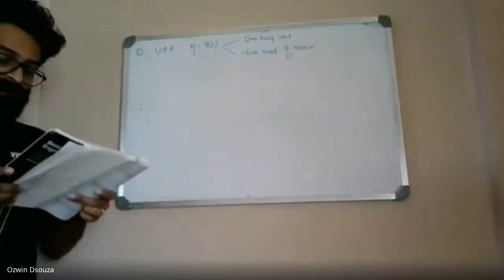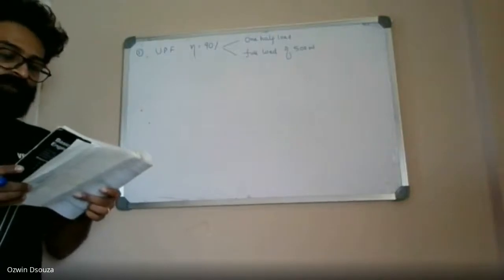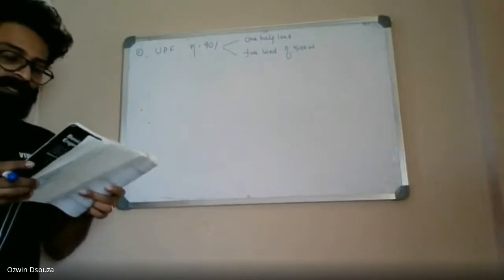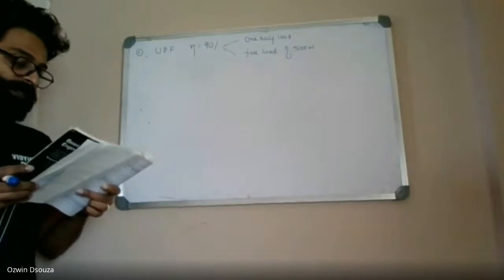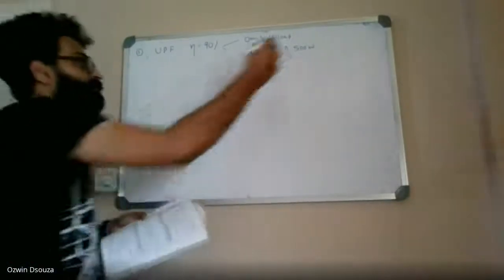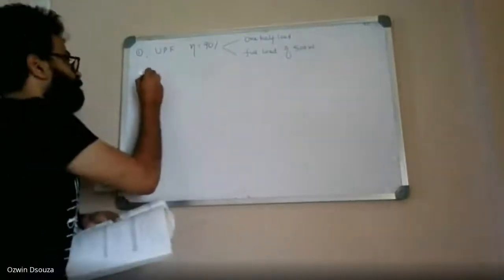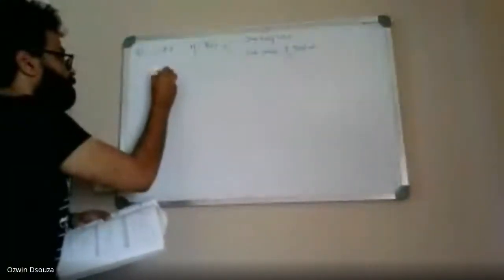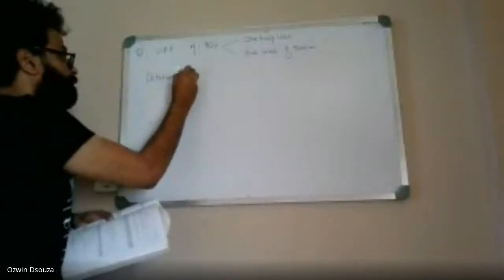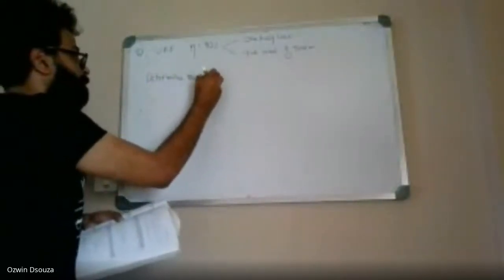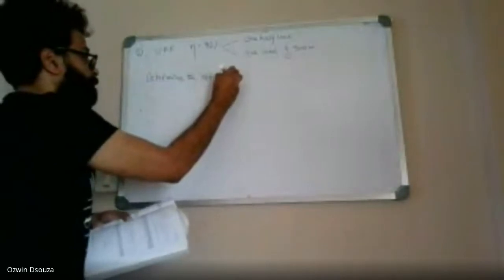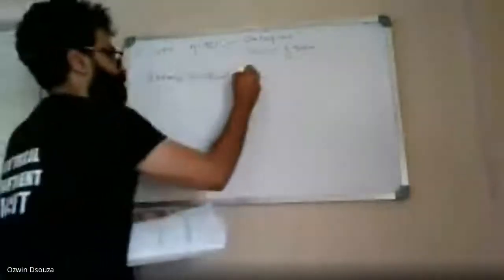A transformer working at unity power factor has an efficiency of 90% at both 1/2 load and at full load of 500 watts. Full stop. Determine the efficiency at 75% of load.